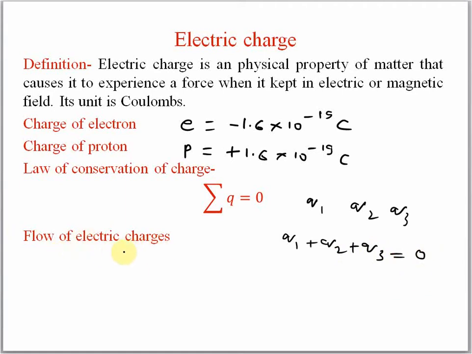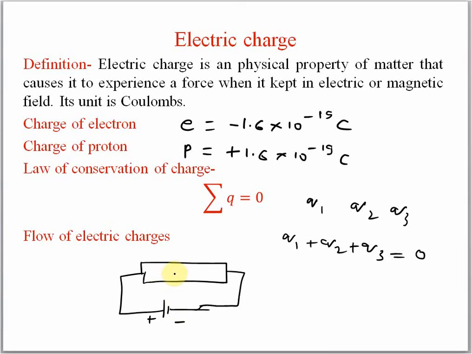Next point is flow of electric charge. Let us consider a conductor, and we provide a voltage source. Here is positive and this is negative. So what will happen?